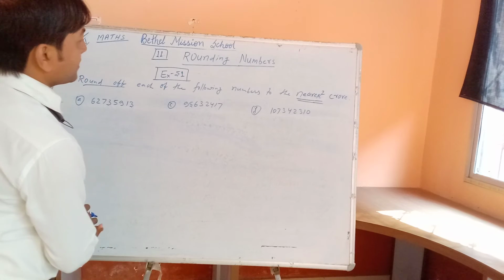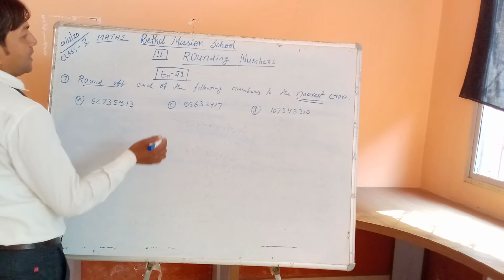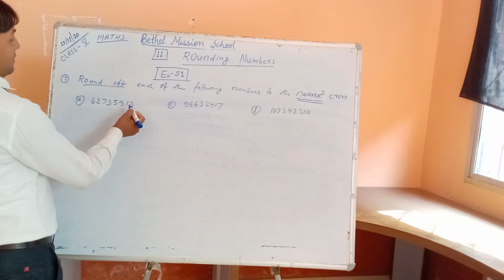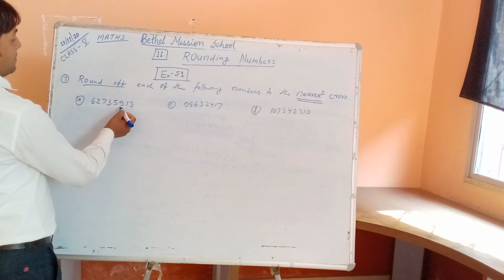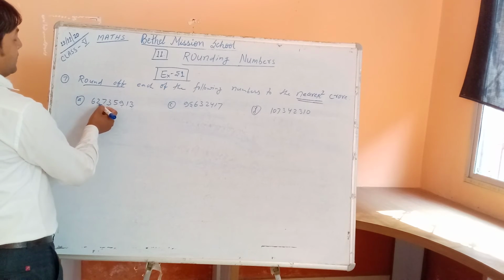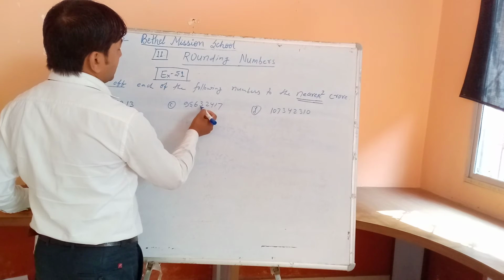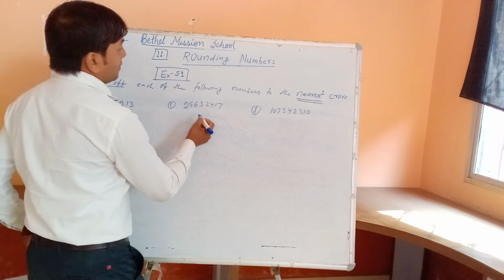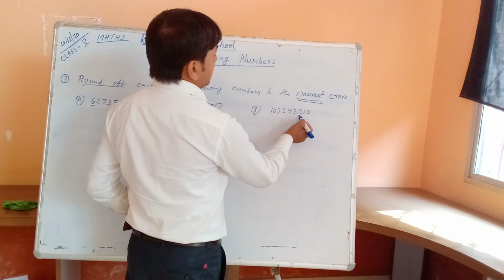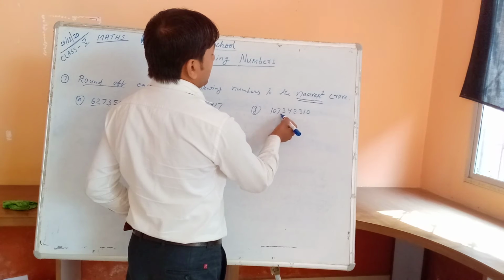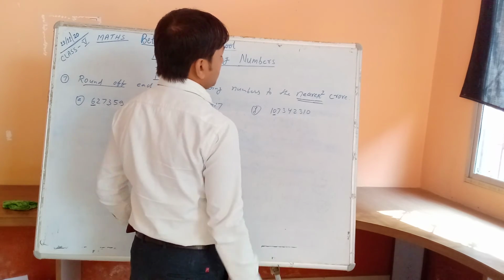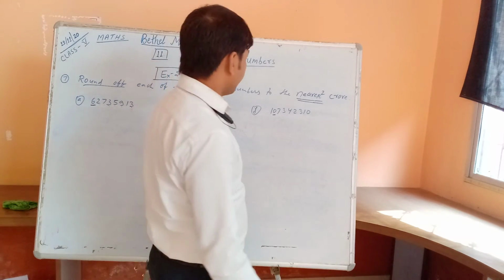Now in the nearest crore, first find out which is the crore place: ones, tens, 100, 1000, 10,000, lakh, 10 lakh, crore. This is the crore place.